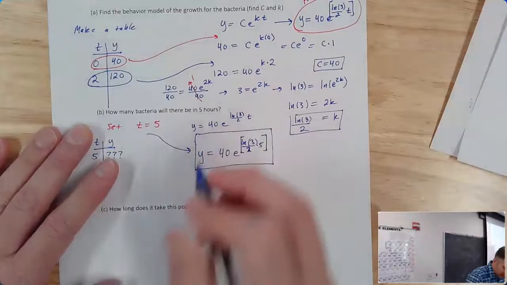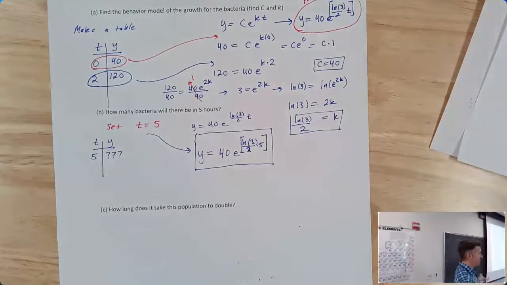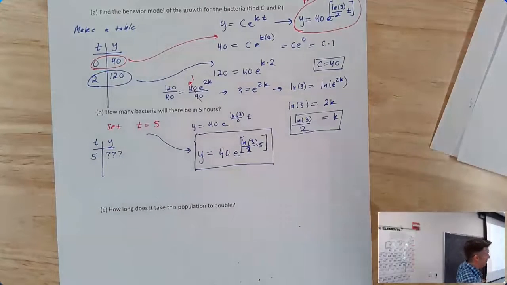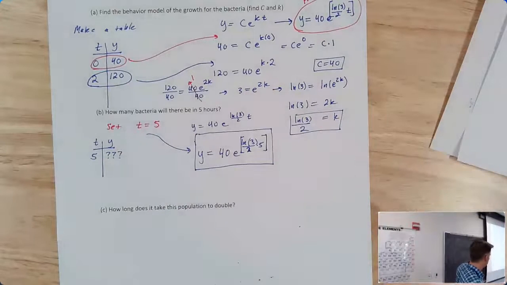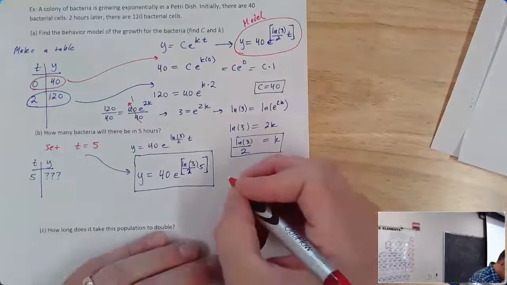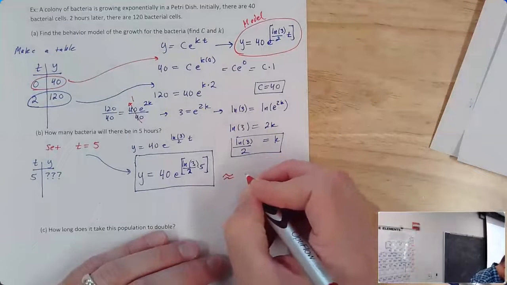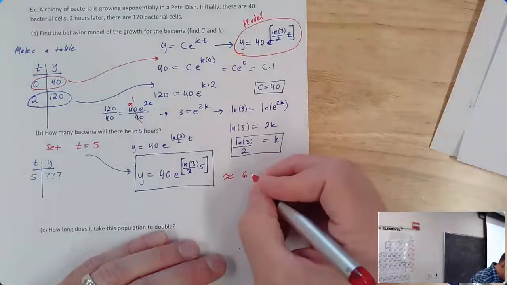Now, looking at that number, I don't know how many bacteria that is. I mean, I don't know what e to the natural log of 3 over 2 is. So I should use a calculator just to get an idea of what's actually happening here. If we plug into a calculator, we get approximately 624 bacteria.